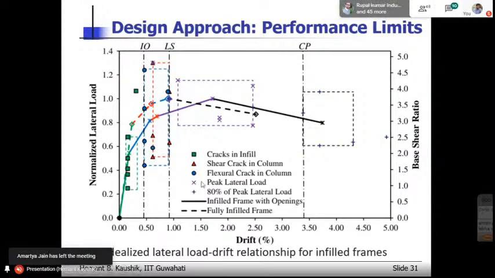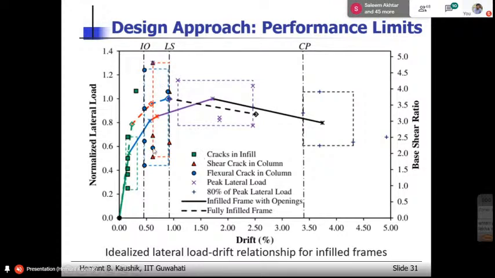And then these are the peak lateral load points. And this plus represents the 80% reduction in the peak lateral load. So these happen at these drift levels.